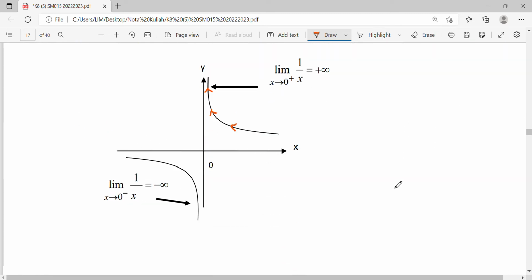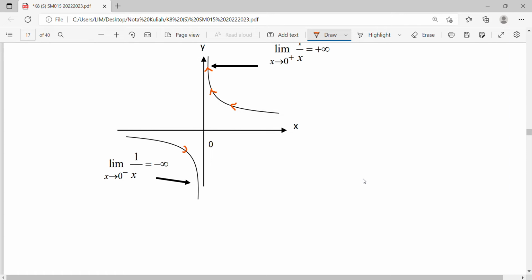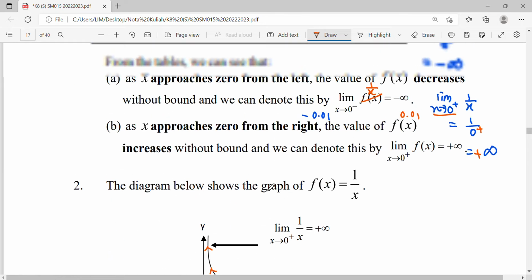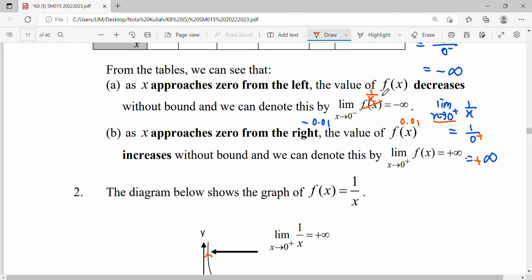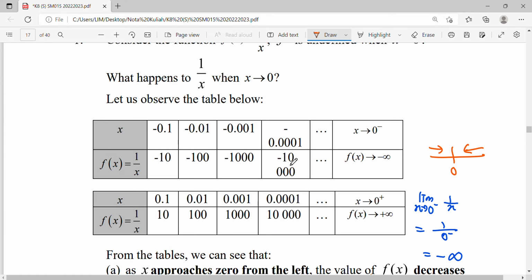What does negative infinity mean? Your function is getting larger but negatively, so it will keep going down. That's why we say the function decreases or increases without bound when we get an infinity value. Negative infinity is negative, this one is positive.